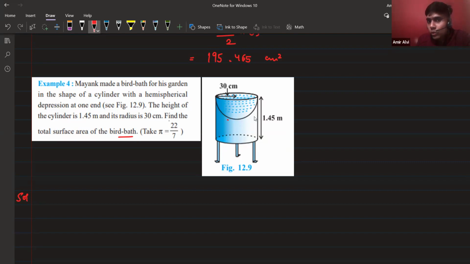So only the curved surface area of the cylinder and the curved surface area of the hemisphere will be the total surface area of this bird bath. Clear? Samina and Azmat, dear, got it? Yes or no? Yes, sir. Okay, Azmat, what about you?